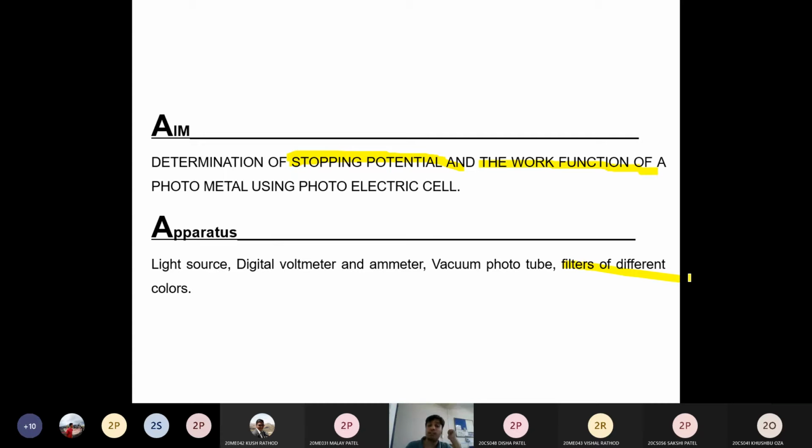And the second one is what? That is the work function of a photometal. That means whenever light or energy is incident on any particular material, it gets absorbed, and because of the absorbed energy the electron gets excited, and because of the excitation it cannot stay in one place.